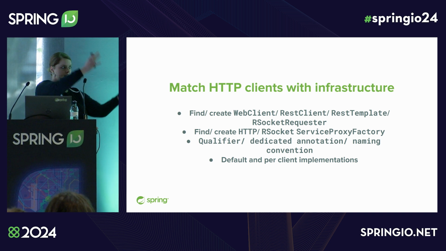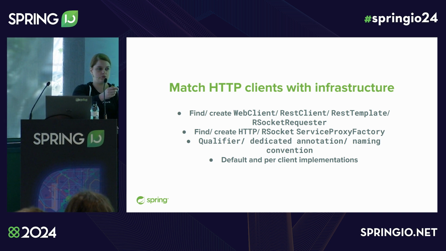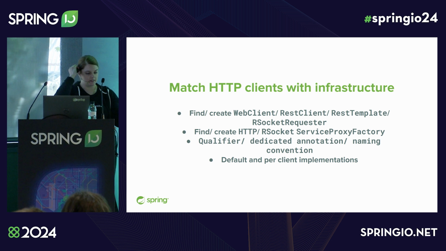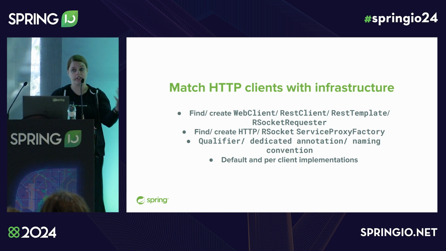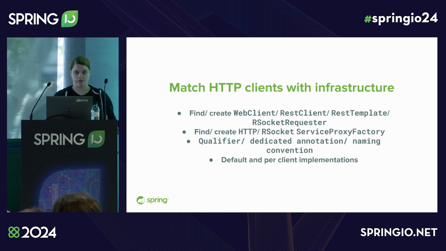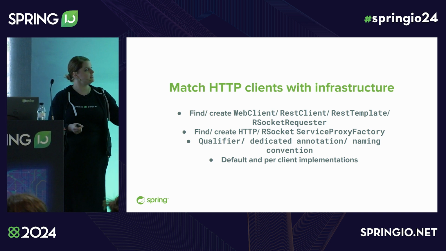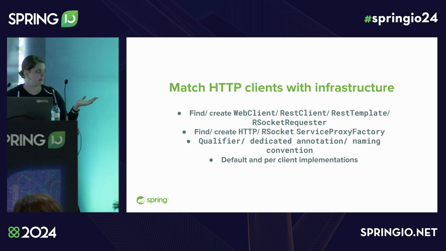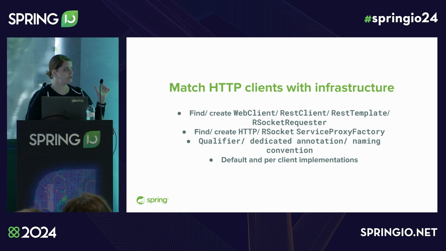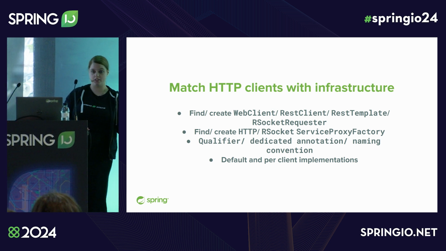Another thing, how do we find or create the underlying client? Because let's say I have an interface and I need a client. Now, do I set up the client in the auto configuration and then just use whatever I think is the best defaults? Or do I want the user to set up the clients and I just find them? And if yes, how do I find them? Should I use some kind of qualifier or maybe some kind of a naming strategy?